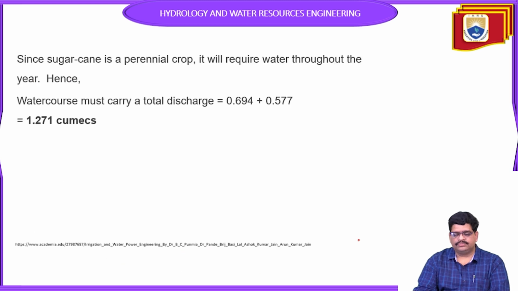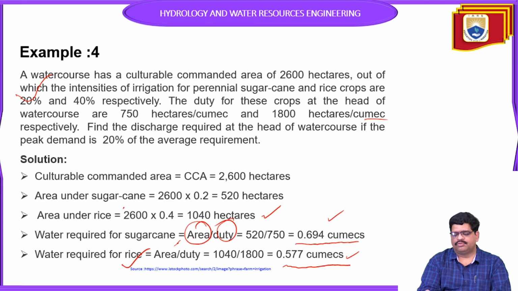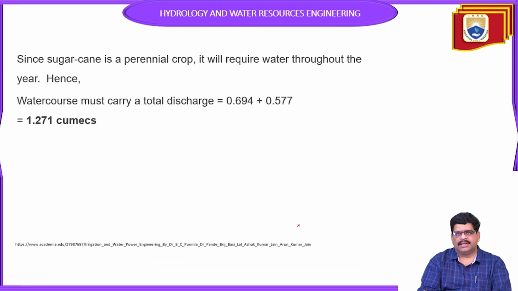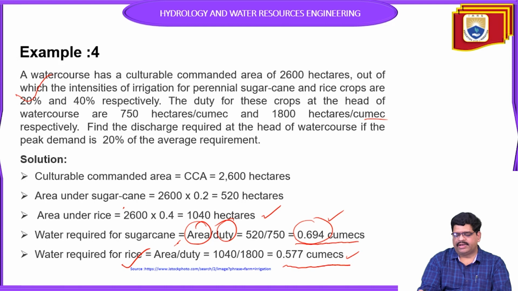Next, the sugarcane is a perennial crop. It will require water throughout the year. So the water requirement of the sugarcane is more, and it will be needed throughout the year. So the water must carry the discharge of 0.694 for the requirement of sugarcane plus 0.577 for the requirement of the rice.